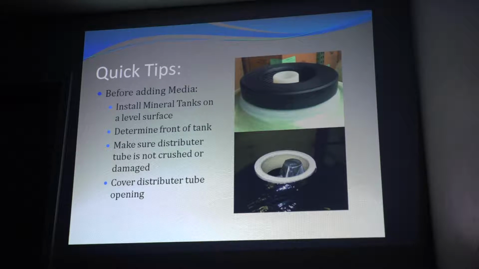Then remove the control valve and center the tank so the mark is facing the front, and fill the tank at that time. Once you fill these larger units, you're not going to move them easily. If you try moving a large unit, 10 cubic feet or larger, that's full, you could end up breaking the bottom of the base. Most of the time, if there are stickers on the tank, the stickers will align with the front of the tank, so that's a good indication of which side is the front.